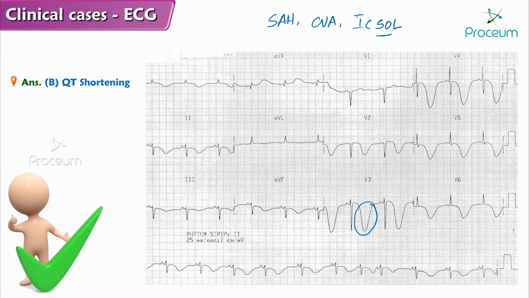These are called cerebral T waves. The ST segment is either depressed or elevated. The QT interval will be prolonged. It will not be shortened here. So these are the ECG changes in case of raised intracranial pressure.